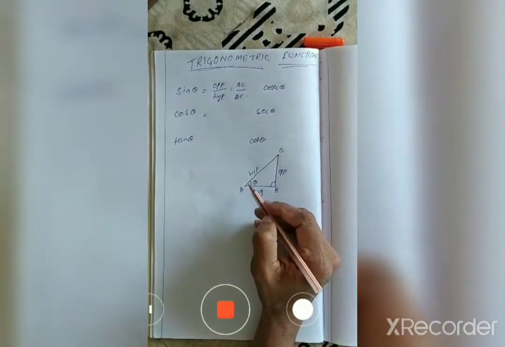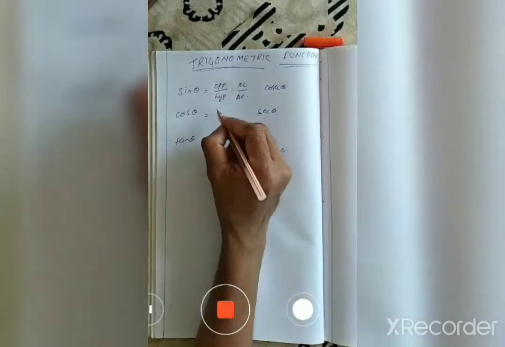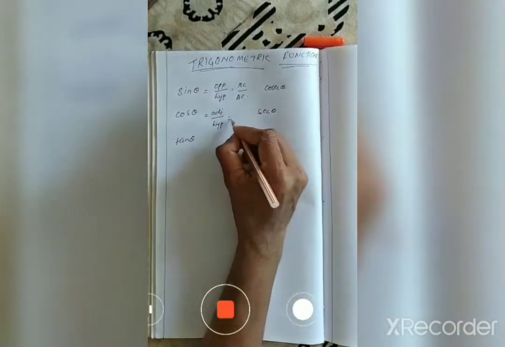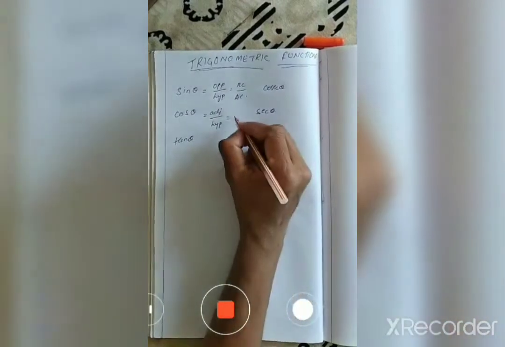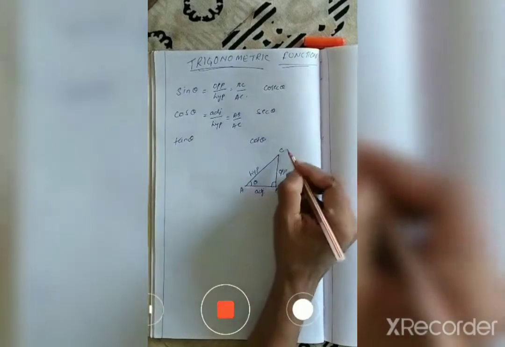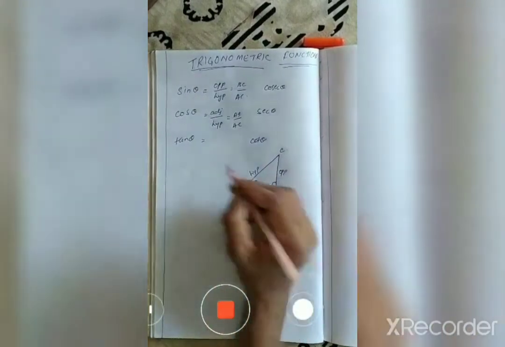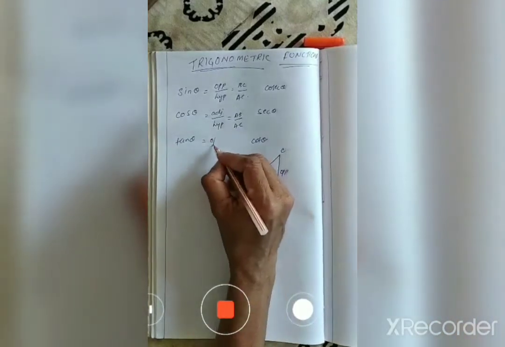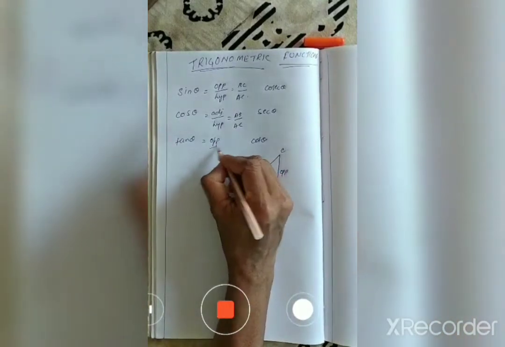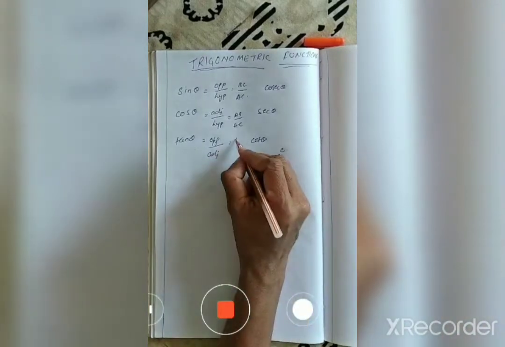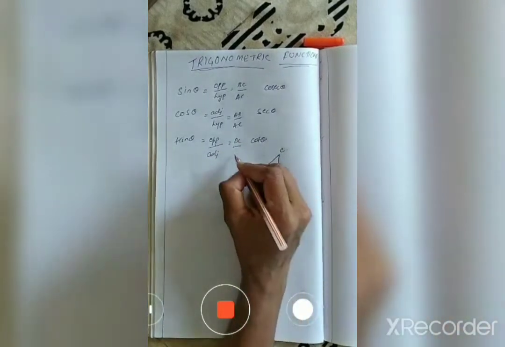Cos theta is nothing but adjacent side by hypotenuse. Here in this case it is AB by AC. Tangent theta or tan theta is opposite side by adjacent side. That is, opposite side is BC, adjacent side is AB.